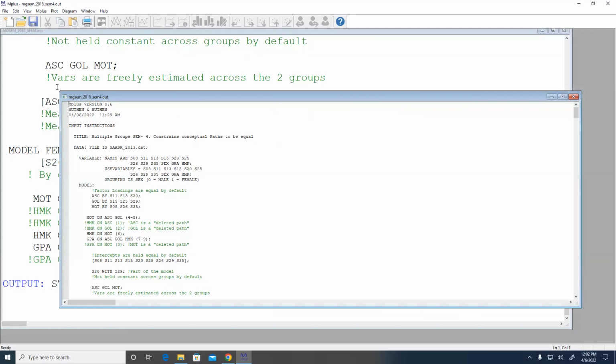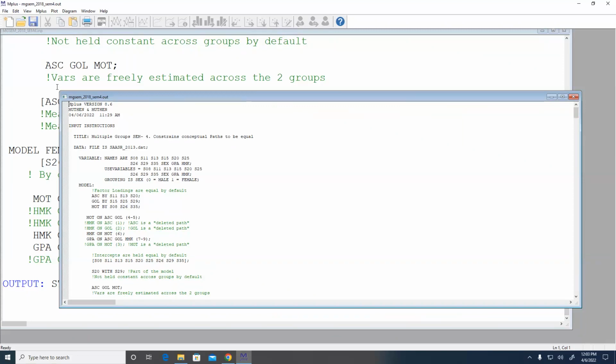So we're not testing whether the value of the motivation latent variable differs for boys and girls, because it's an endogenous variable. What we're really testing is, after controlling for academic self-concept and goal evaluation, does that predicted motivation differ across boys and girls? Would we expect a boy who's at the average on academic self-concept and goal evaluation to have the same motivation as a girl who's at the average?